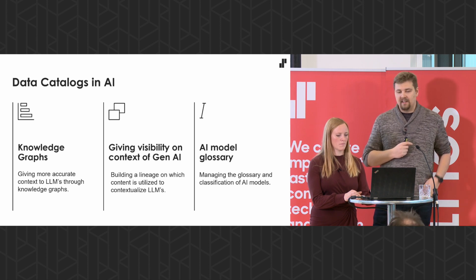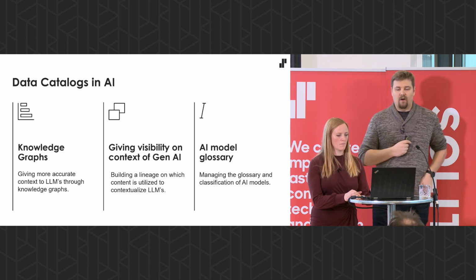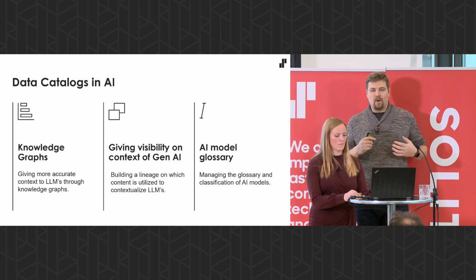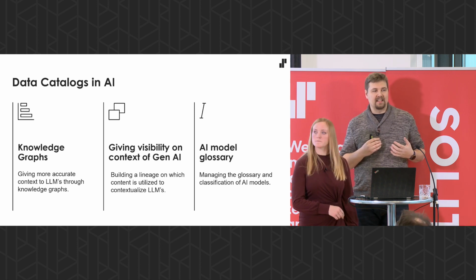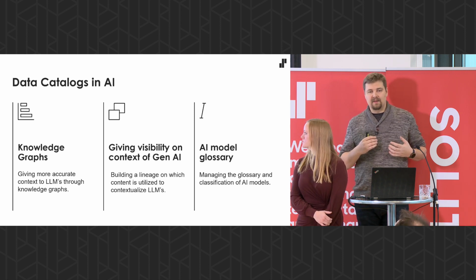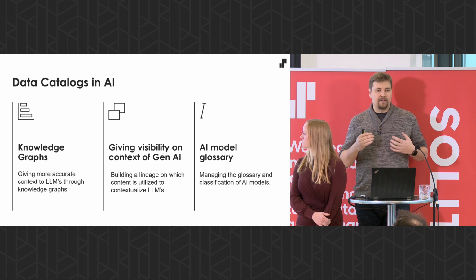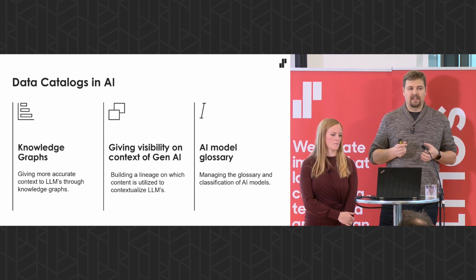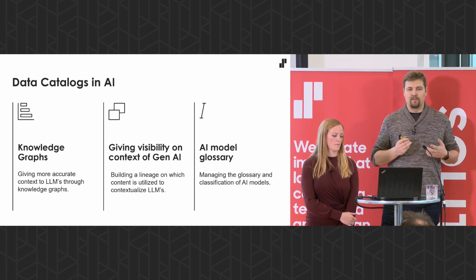The second thing is giving visibility on the context used for the Gen AI. As now when we are trying these different business cases with our clients regarding Gen AI, there is often some certain use case or some business area that wants to use the Gen AI within their own context, whether it's HR, marketing, customer service.